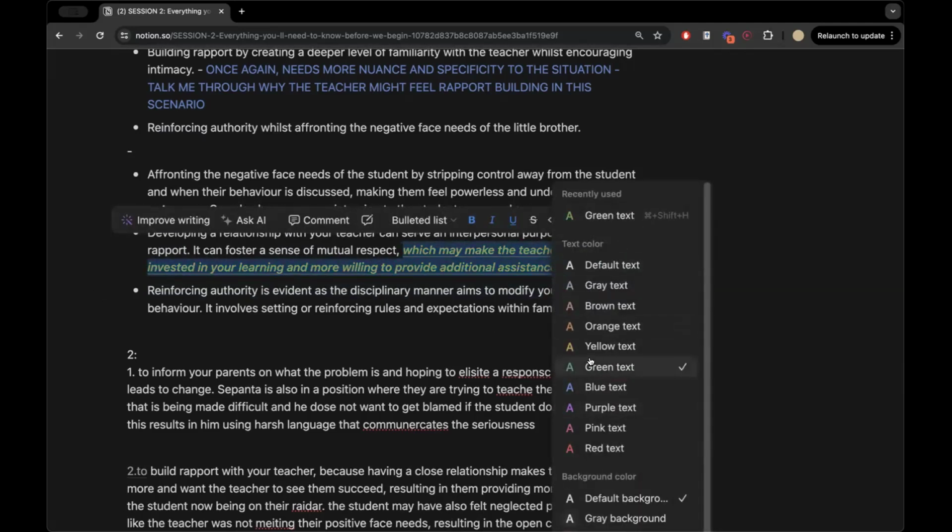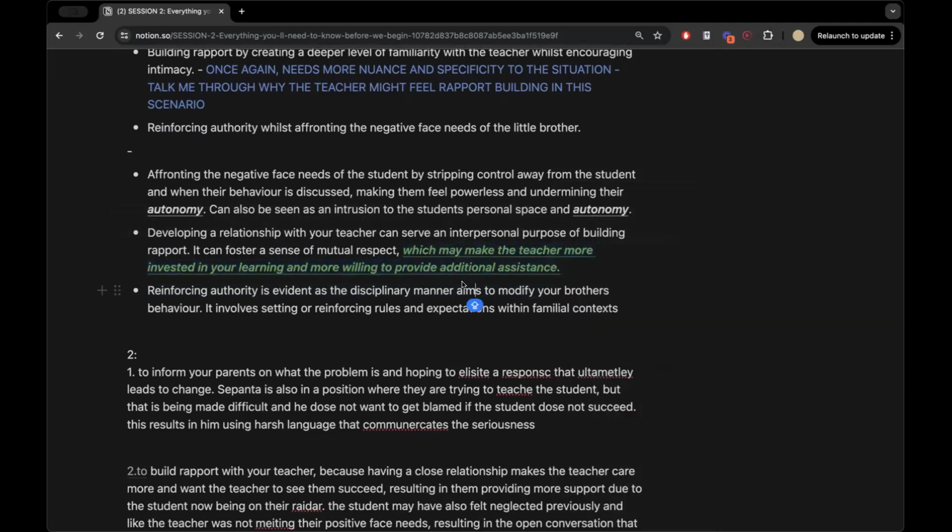I'll make it green just to signify that. The fact that you've recognized that it might make the teacher more invested in your learning and more willing to provide additional assistance, you've really immersed yourself in the world of the passage. Look at the analysis that you can create when you really focus on nuance and specificity. This is what I'm trying to teach you guys, and you've encapsulated it very well there.